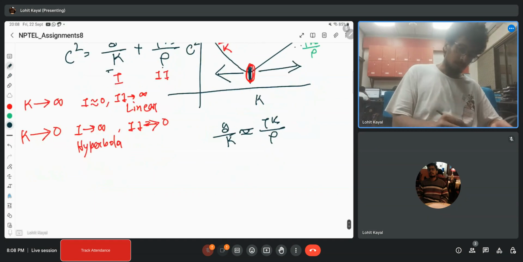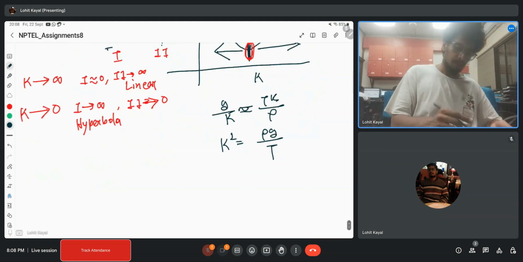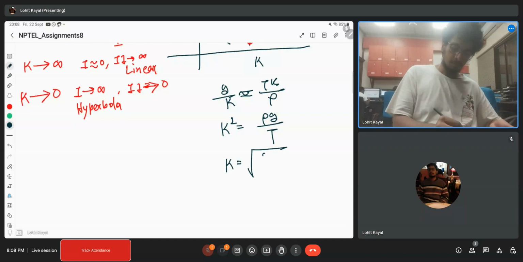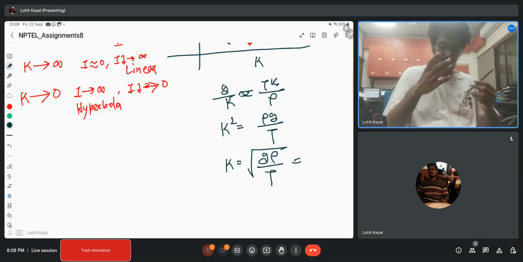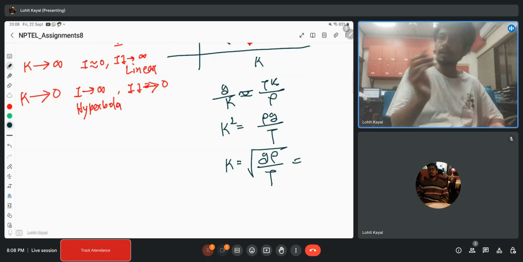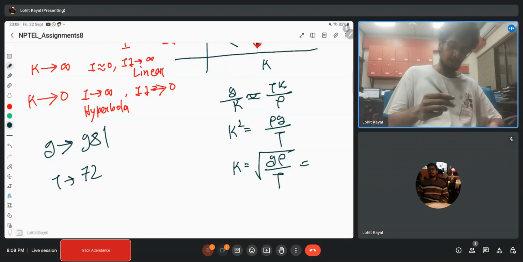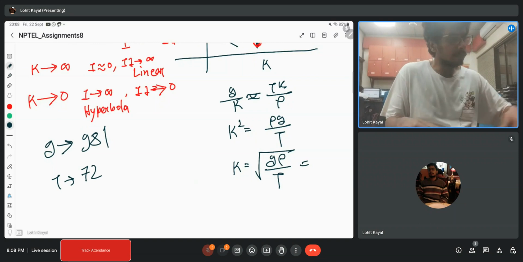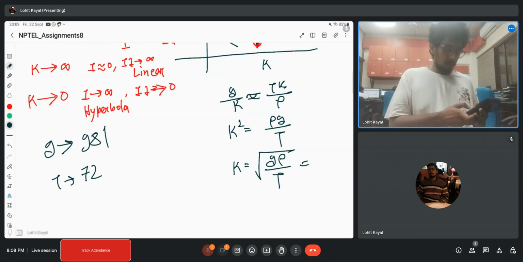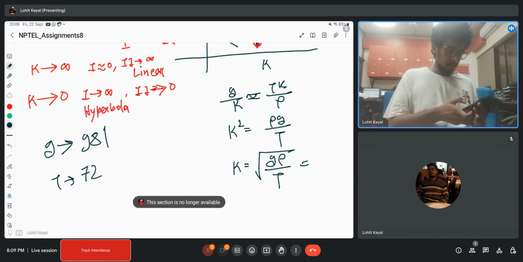So k square is equal to rho g by T. So k will be equal to square root of g rho by T. Now if you try to find it for air water parameters, the air water interface, gravity in cgs units is 981, and T will be 72, again in cgs units. So if you do the calculation, you will find 981 times rho, which is 1 for water, divided by 72.